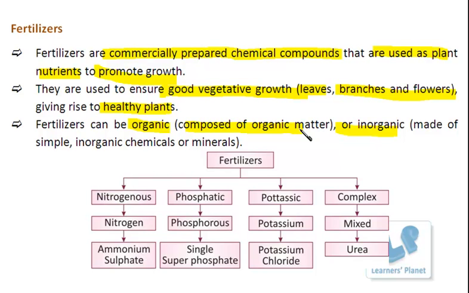The one which has carbon, hydrogen and oxygen as a compulsory part in it. And further, extra groups are present which can provide the nutrition to the plants. Inorganic is simply made up of inorganic chemicals. Fine. So this is how these fertilizers can be organic or inorganic.